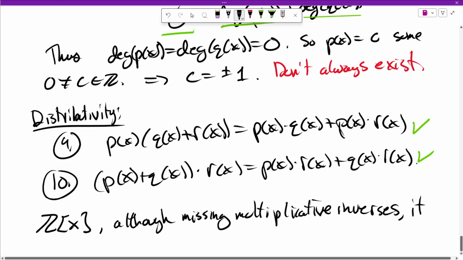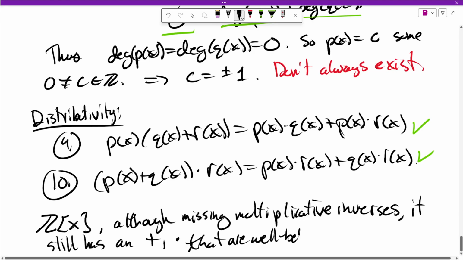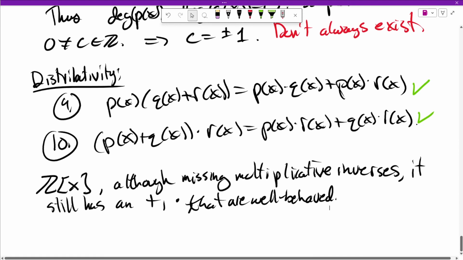It still has an addition and a multiplication that are well behaved. Namely, we still have associativity, we still have commutativity, we still have identities, we still have additive inverses. And the distributive properties, both of them, still hold.